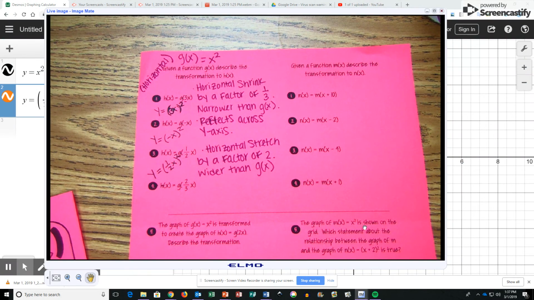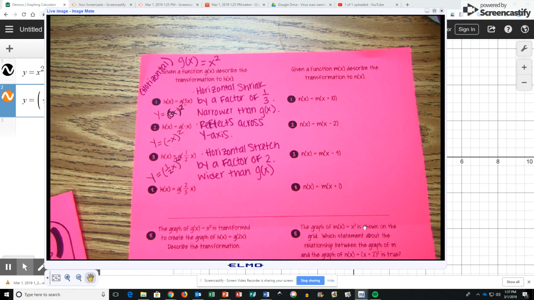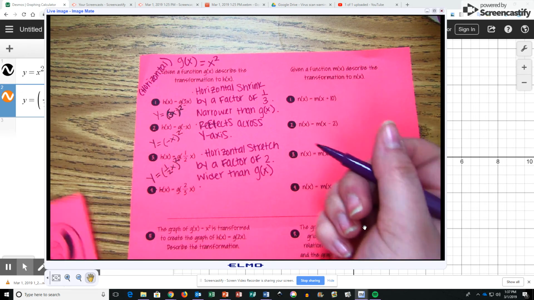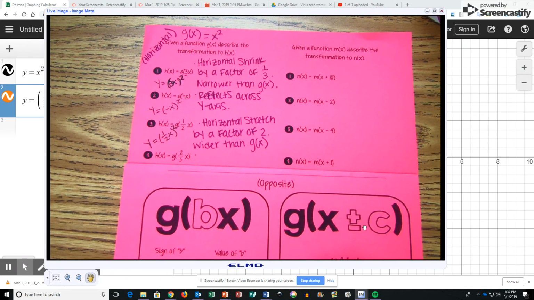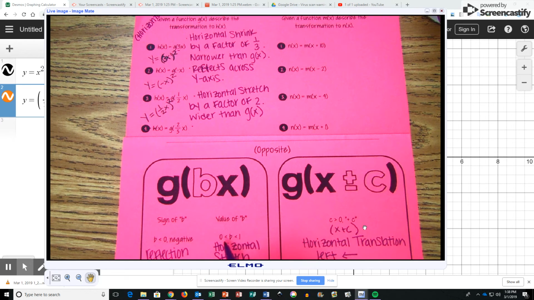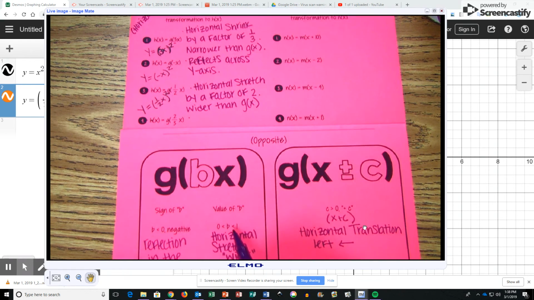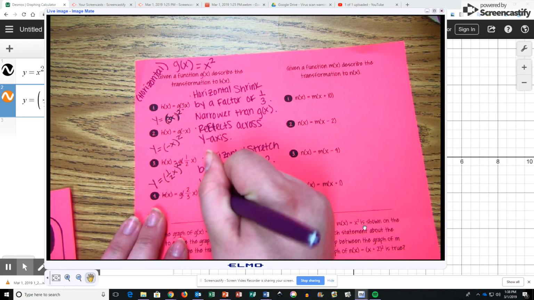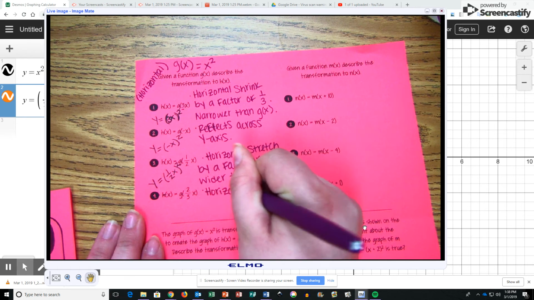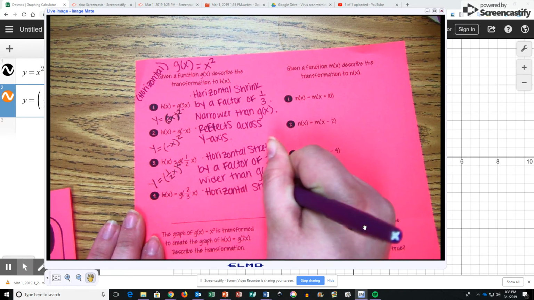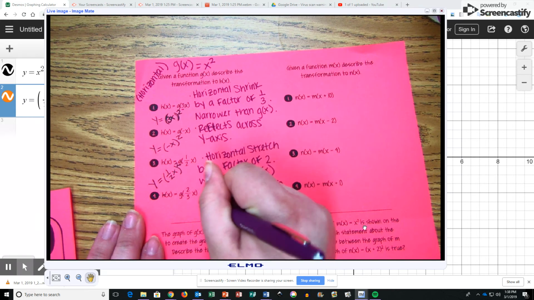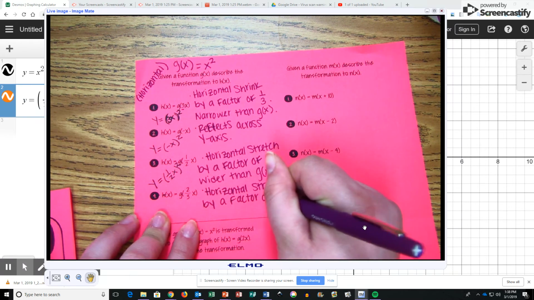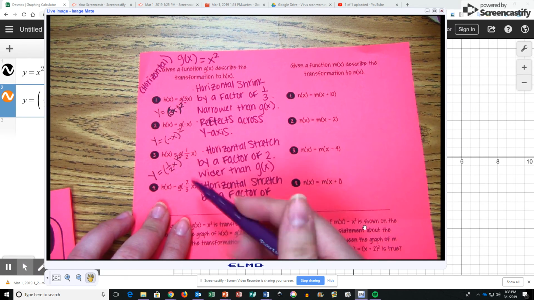Number 4, g of 2/3 x. Because this follows this rule, it's between 0 and 1. It's a fraction smaller than 1. It's going to be a horizontal stretch again. So horizontal stretch by a factor of, and remember, we have to do the opposite.